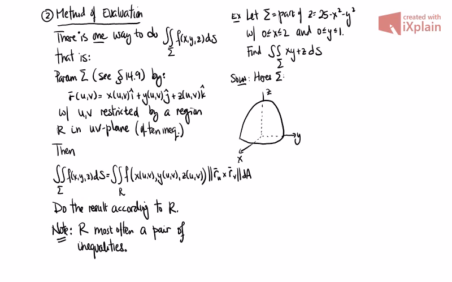I'm going to do sigma in green with x between 0 and 2. Just for reference, the x's and the y's both come out to 5 because this hits the xy plane at a circle of radius 5. So sigma comes out to 2 in the x direction and 1 in the y direction. So it's like a patch of that paraboloid.